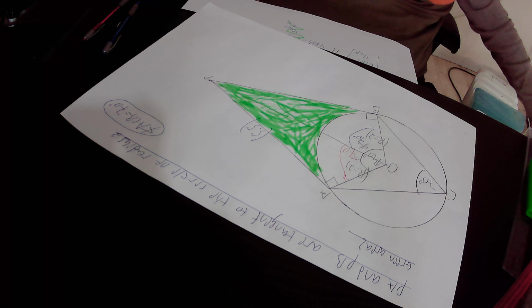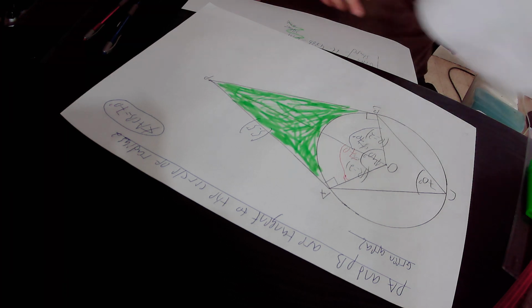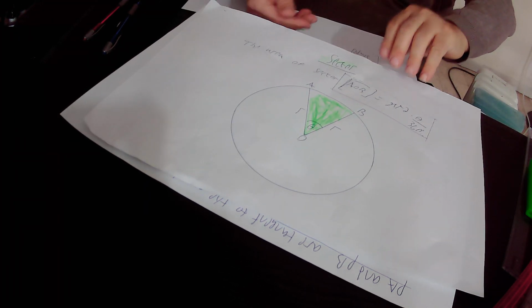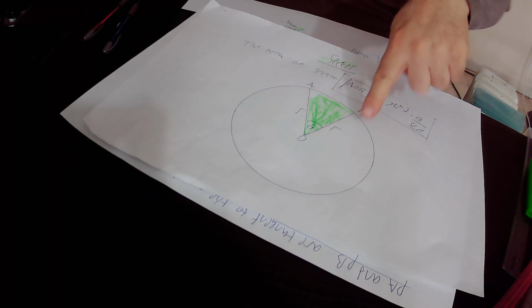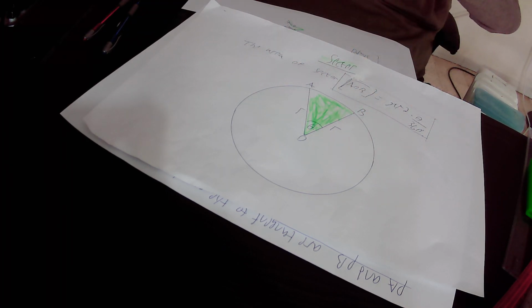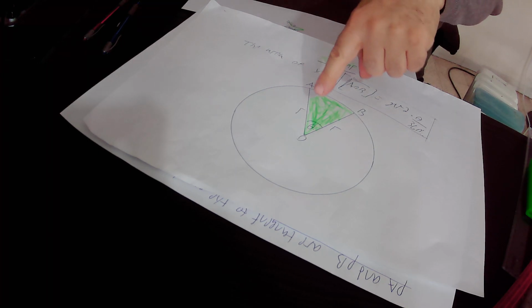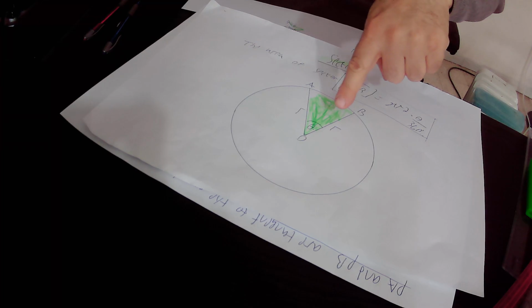What is a sector? A sector is part of a circle. We have a circle, and the green shape AOB is a sector. The sector consists of 2 legs. The first leg is AO and the second leg is BO.